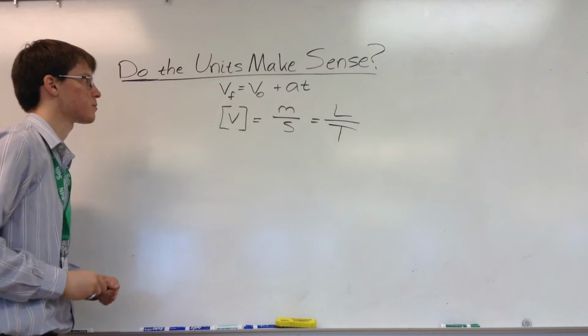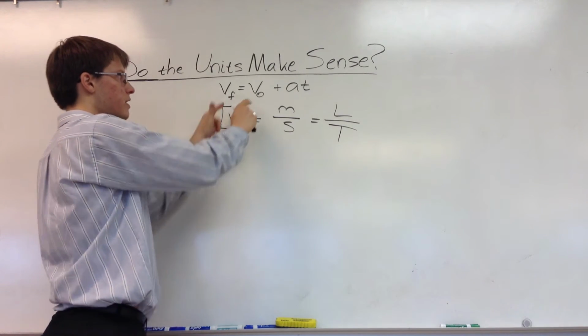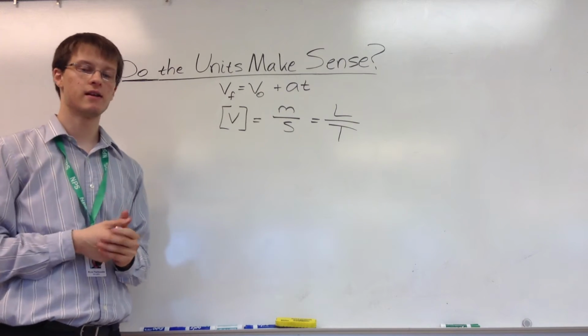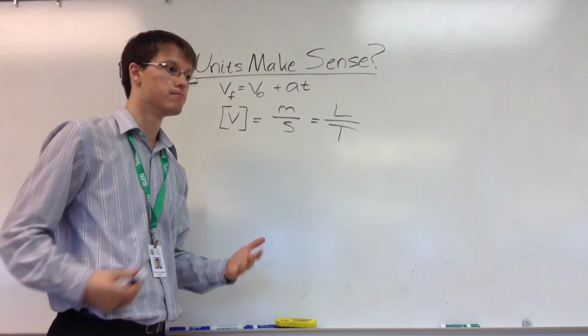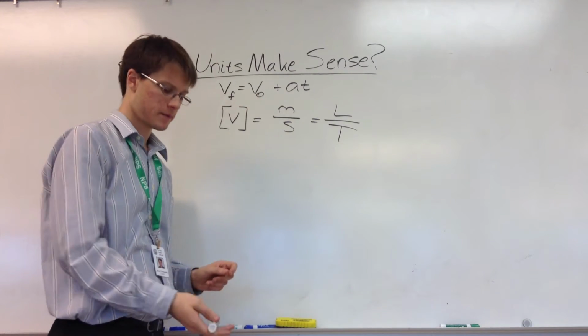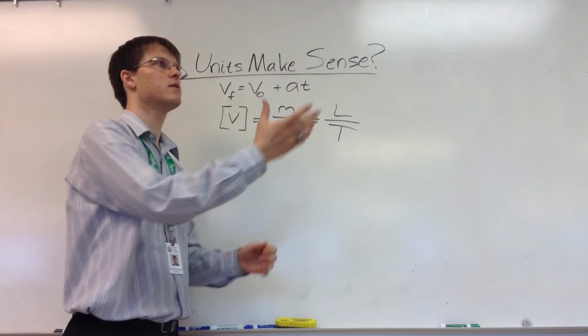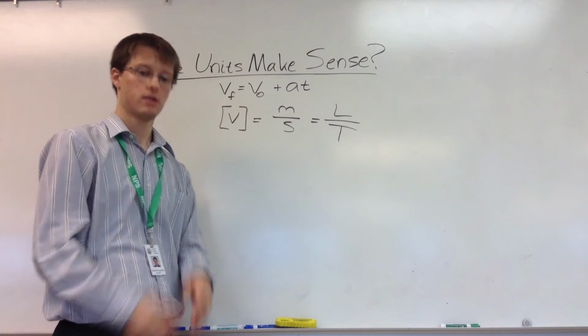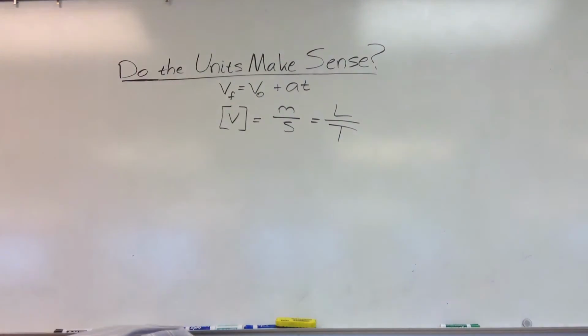Now I want to emphasize at this point that both of these are velocities. The subscripts are just indicating a little bit about what kind of velocity it is. This equation describes motion. So if I throw this marker in the air, my initial velocity is going to be the velocity when it leaves my hand. The final velocity is when I catch it, assuming we're interested in the entire time that the thing is traveling.